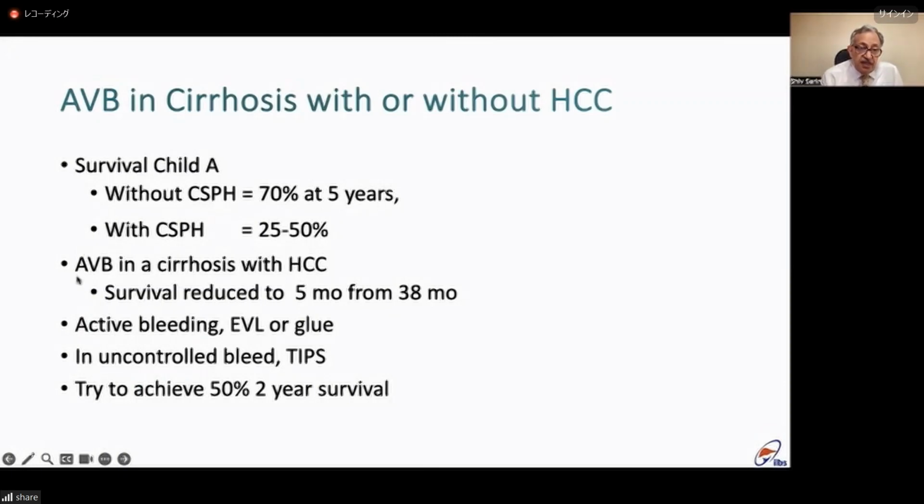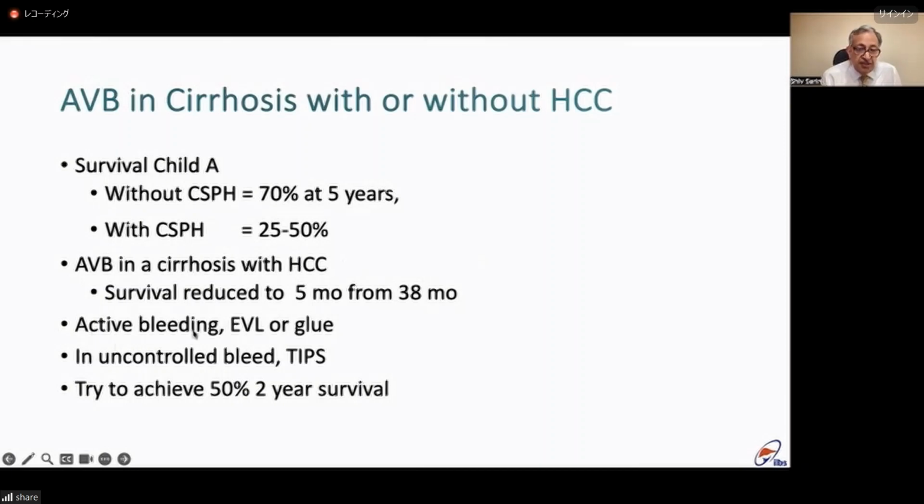Now, a patient has come of cirrhosis with HCC. He has bled. Compared to a cirrhosis with acute variceal bleed, where survival can be 38 months, in the presence of HCC this decreases to 5 months. So a cirrhotic with bleed can survive 38 months, but a cirrhotic with HCC and bleed survives 5 months.